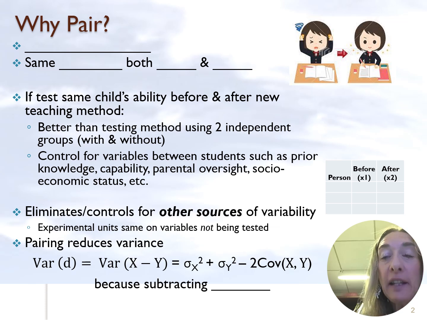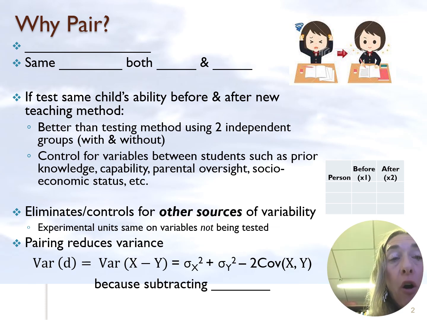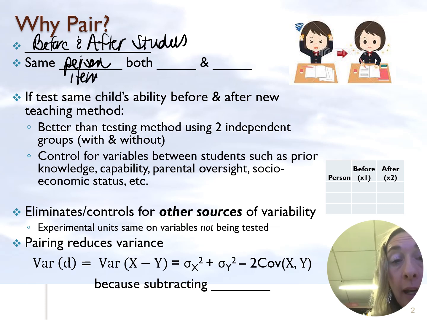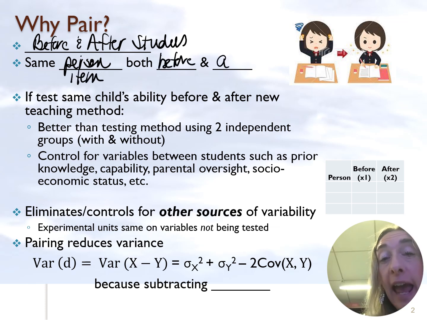Okay, so let's talk about why we pair data. Let's recall before and after studies that we discussed in a previous video, in which the same person, or it could even be an item, is measured both before and after a certain intervention or method that you are trying or testing out.